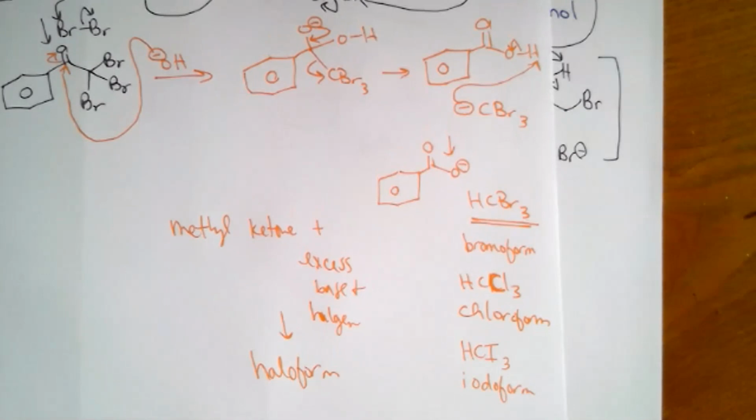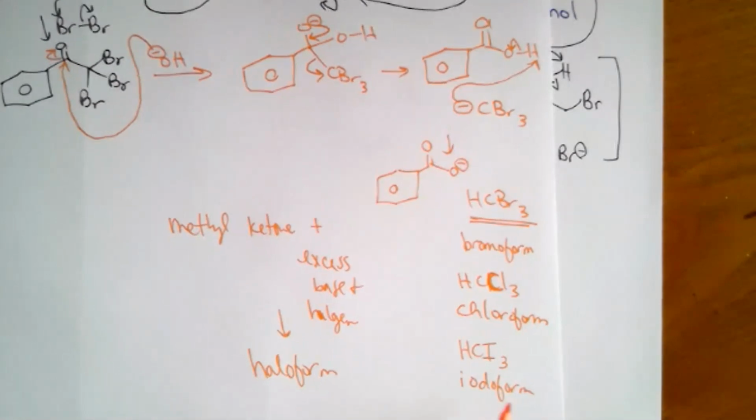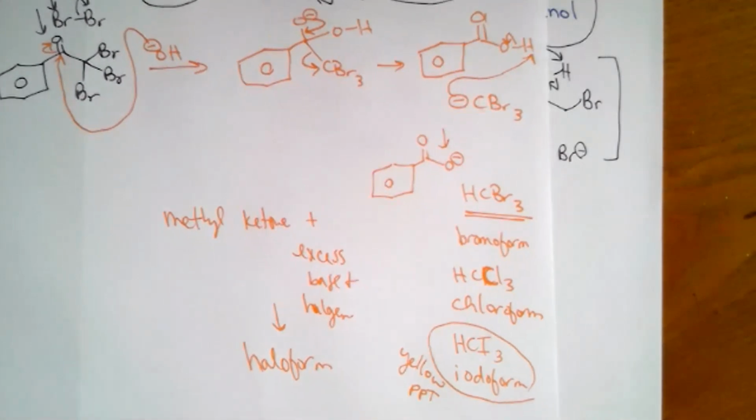Methyl ketones are what make this haloform. A common qual test for methyl ketones uses iodine, because iodoform is a yellow precipitate. So if you get a positive iodoform test, it tells you that you had a methyl ketone in your unknown thing.